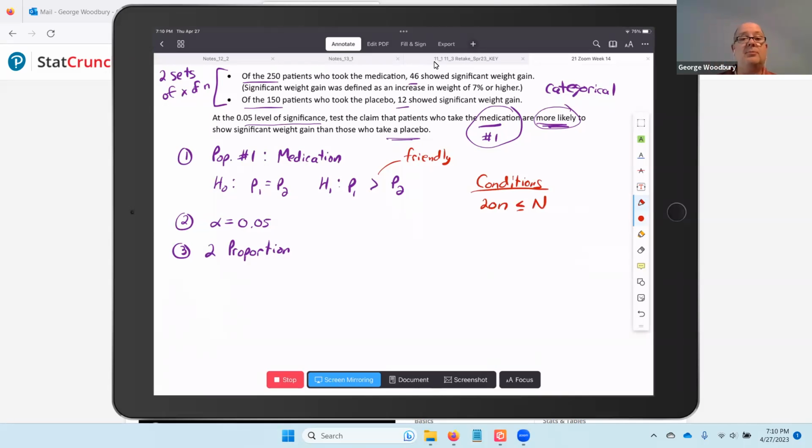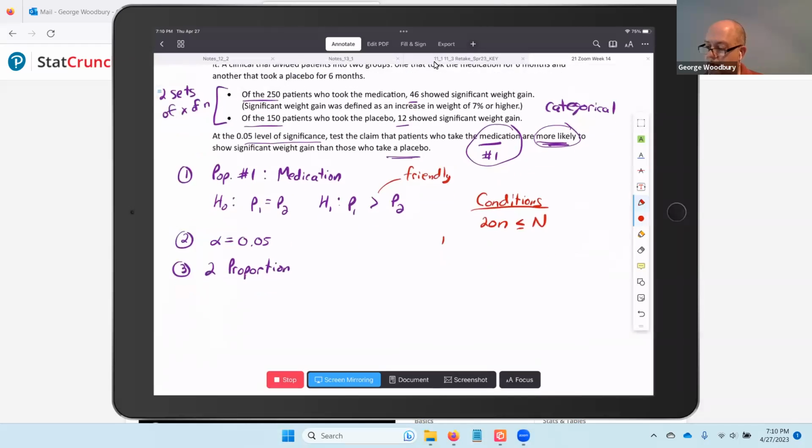We multiply the sample size by 20, and then we have to make sure that the population size would be bigger than that. So these 250 patients, we don't know anything about them, so we can really consider them to be 250 people.